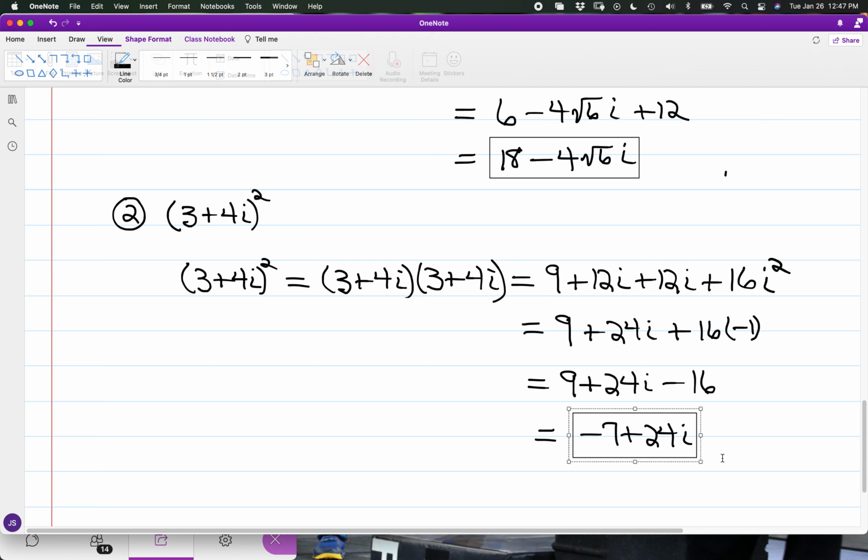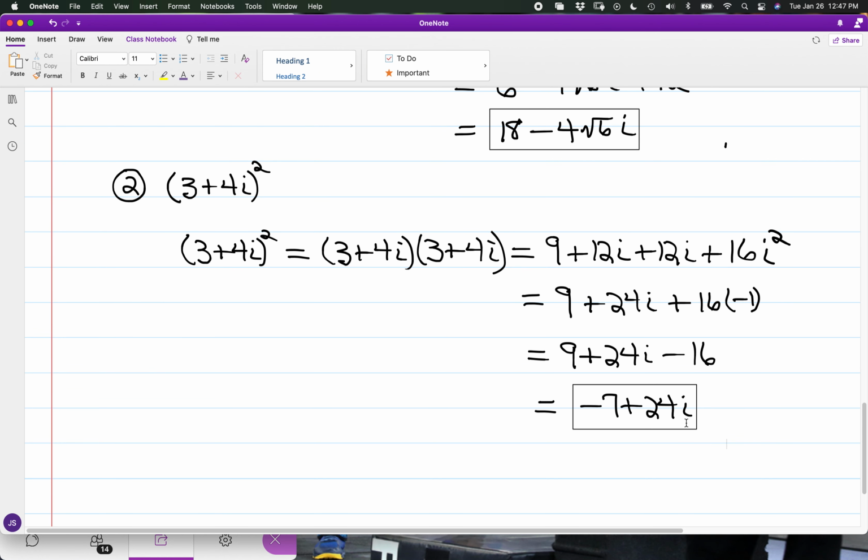All right, now in the crossover to what we have not only with multiplying, but also what's going to be carried out for division, we're going to have what will be referred to as complex conjugates.